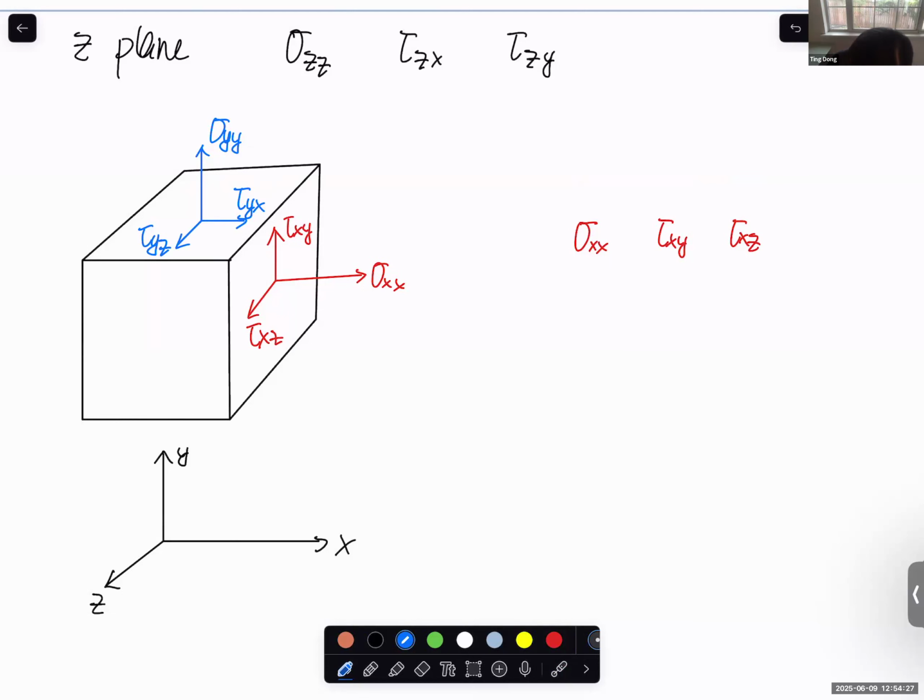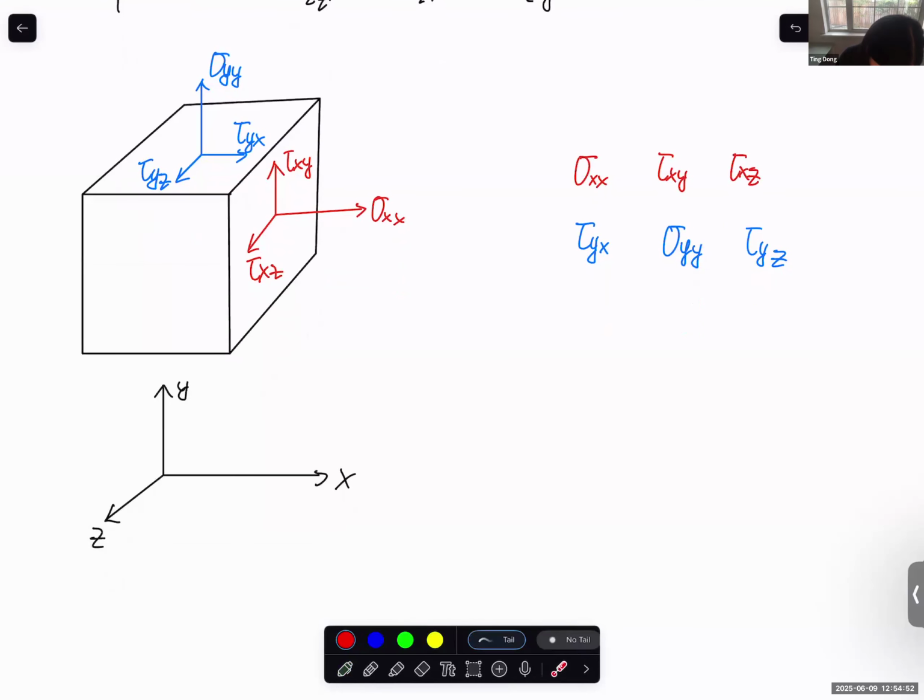So again, put it here: on the y plane, we have tau yx, sigma yy, tau yz.